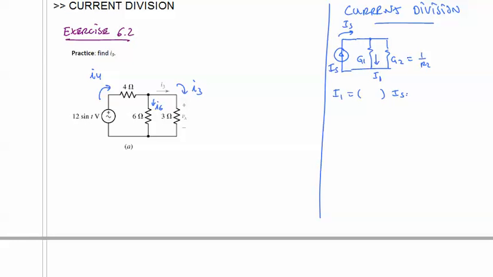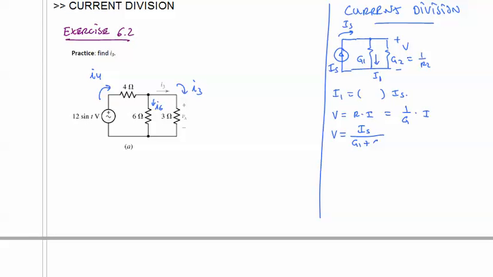Okay, so what we can do is write the voltage that's across this node. We'll call it V. V is equal to R times I, and it's equal to 1 over G times I. So what we have is V is equal to IS divided by G, the total conductance that is provided by both those resistive paths.